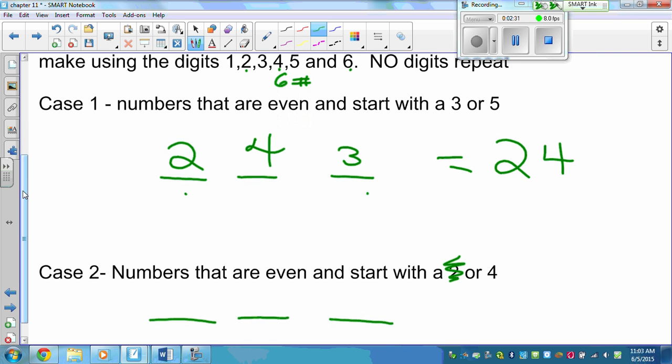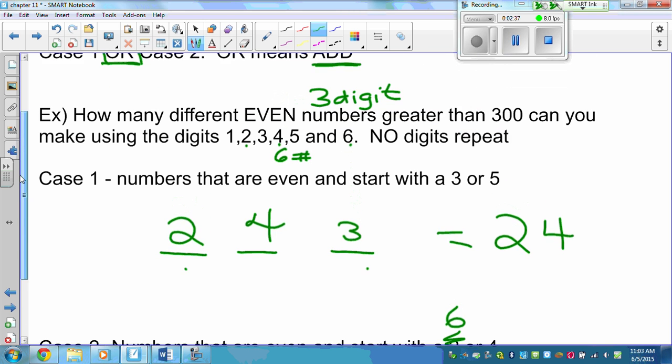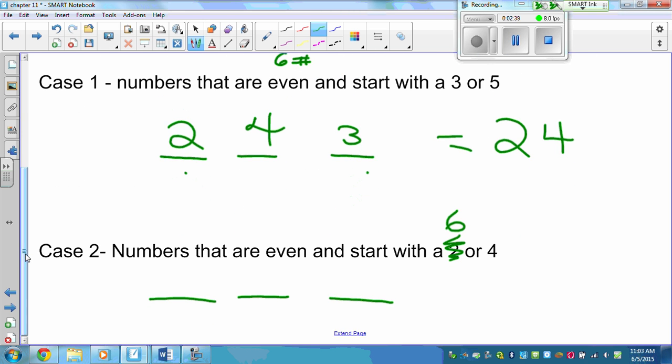So it's even and it starts with a 6 or a 4. Sorry, I made that mistake. A 6 or a 4. Okay, so if it's even, it's going to start with a 6 or a 4. There's 2 choices here.